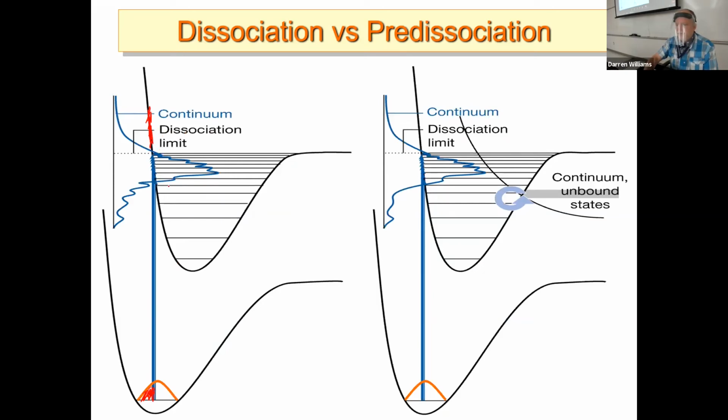And so we don't see any of these vibronic transitions. We just see a smooth continuum. Because if we excite the molecule to right here, you can think of this classically like a ball rolling down a hill. If I put a ball right here in this particular carnival game, it's not going to get stuck in the bottom. It's going to roll through there and have enough energy to dissociate.